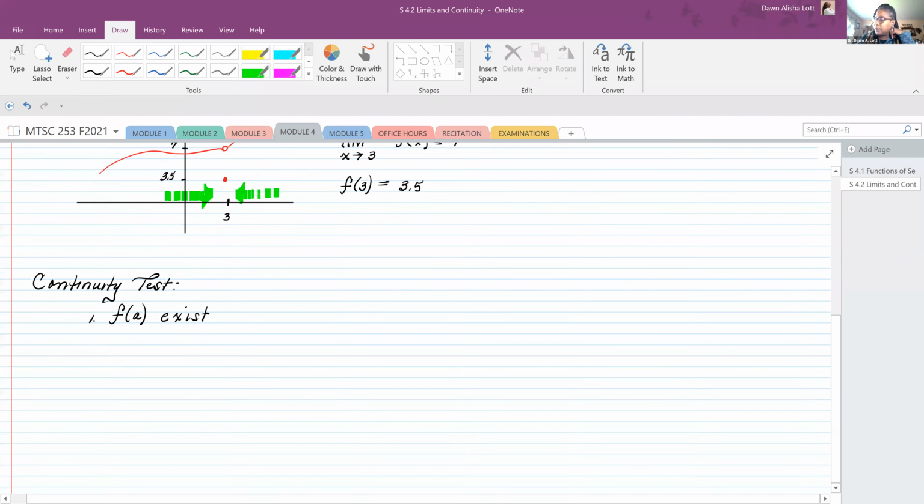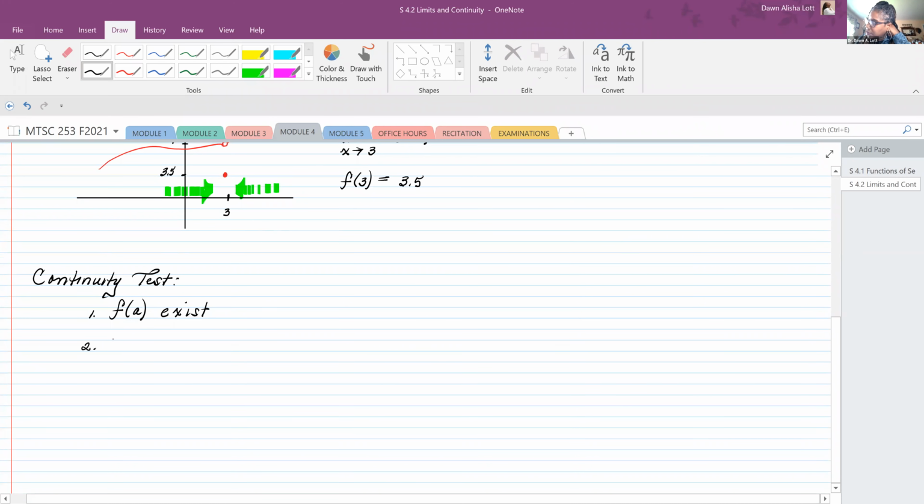The second thing is that the limit as x approaches a of f of x has to exist. But third and most important is that the limit as x approaches a of f of x has to actually equal f of a. So once you show the two things exist, they have to be equal.